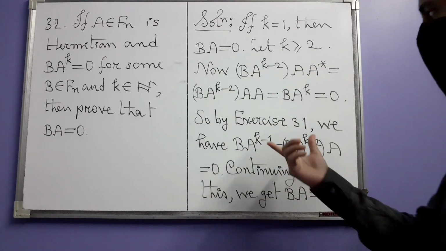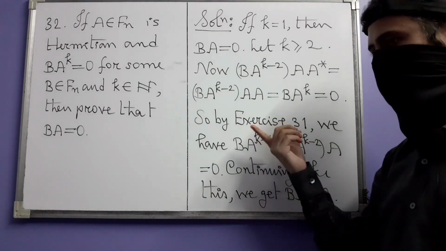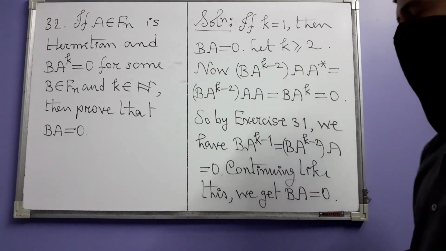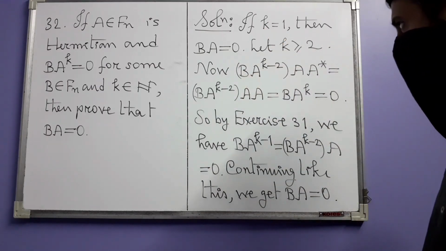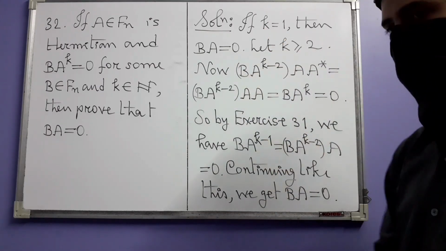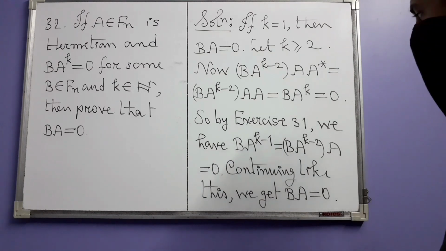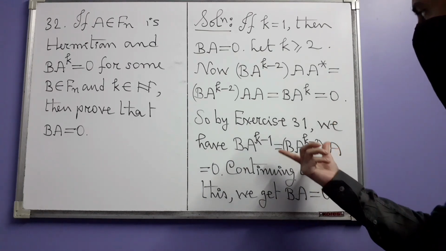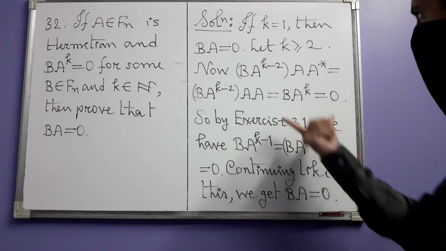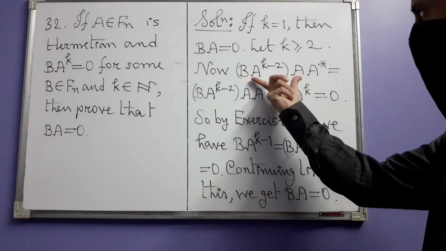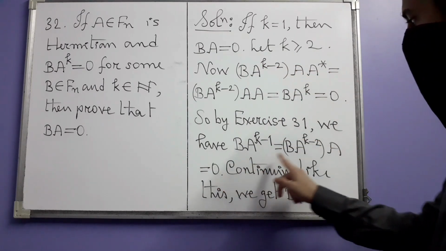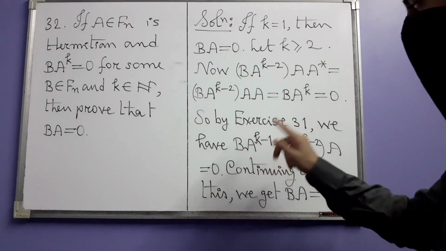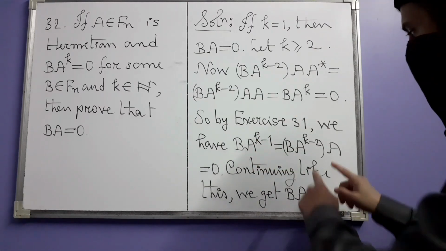So now you go and see what exercise 31 tells you. It tells you that when some matrix times A adjoint is 0, then that matrix itself has to be 0. So by that result, by exercise 31, this thing, BA to the power k minus 2 times A, has to be 0, which however is BA to the power k minus 1, because you can multiply these two.